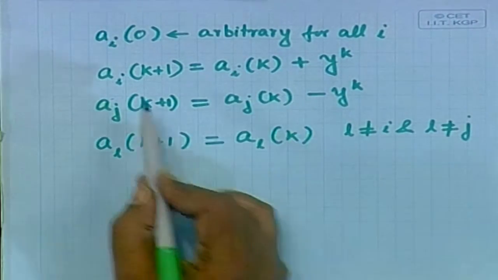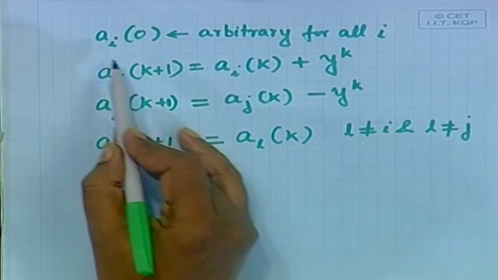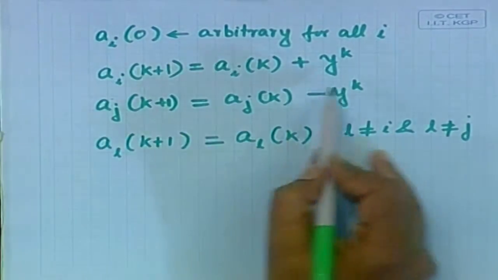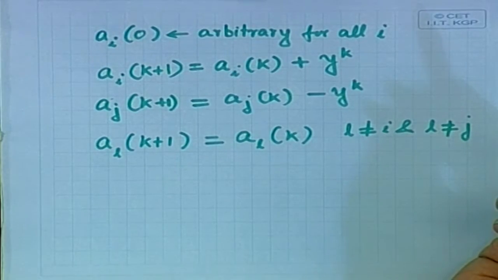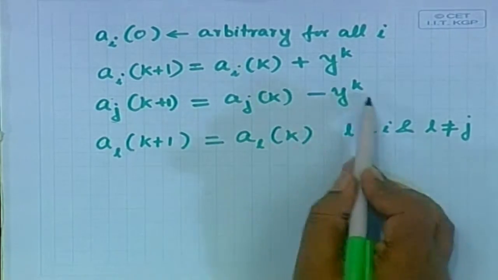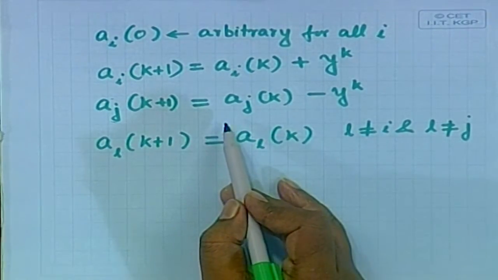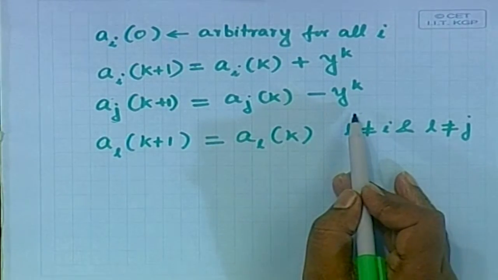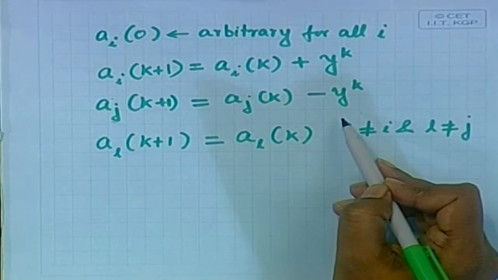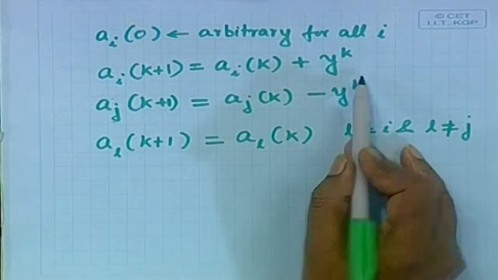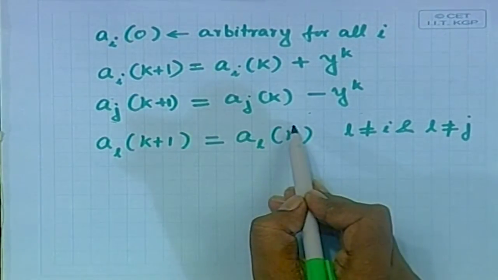Modification of the ith vector follows the same updation rule that we have obtained in the perceptron criteria. Modification of the jth weight vector aj has a similar updation rule, but instead of incrementing, we are decrementing it. So, ai is actually rewarded, aj is penalized.